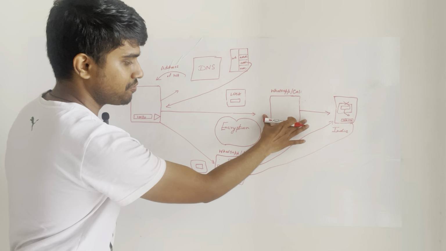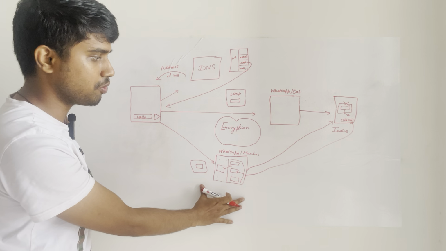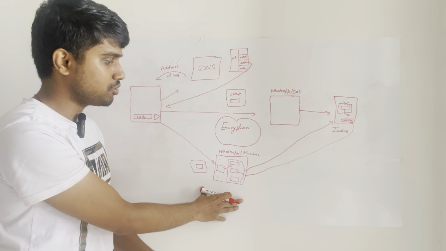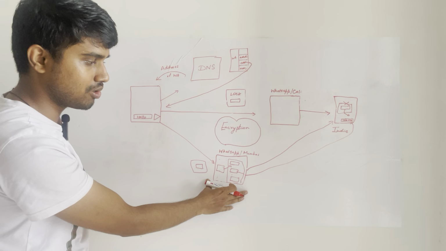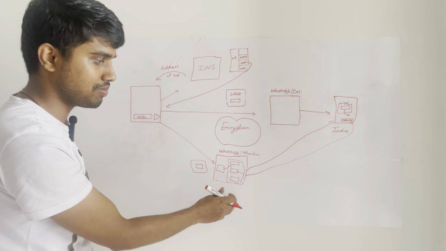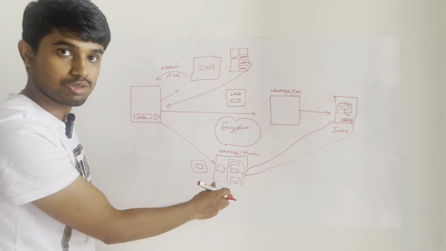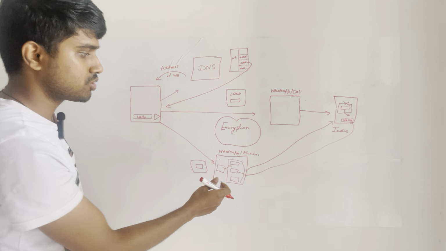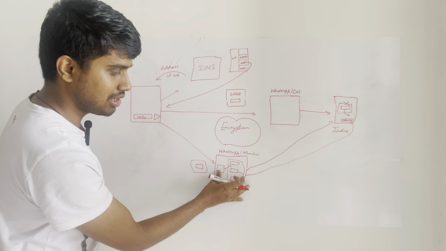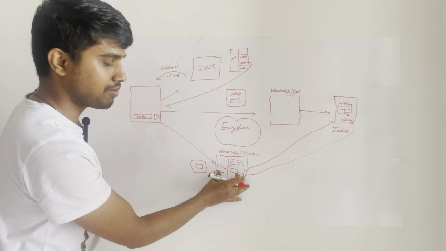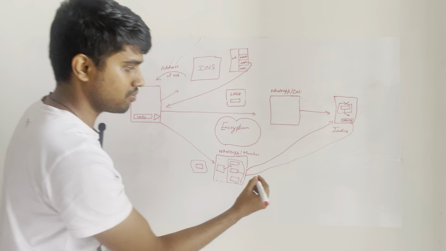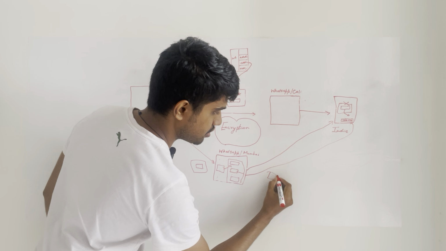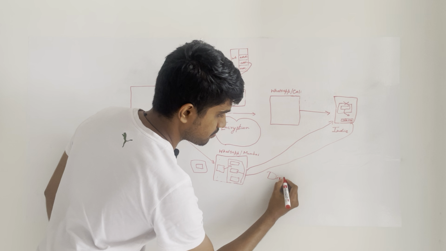So having different computers in different locations, geolocation, is also an approach, and also within a particular location having multiple computers is also an approach to make sure the requests are served fast. So this kind of having multiple computers within a particular system is probably called a distributed system.